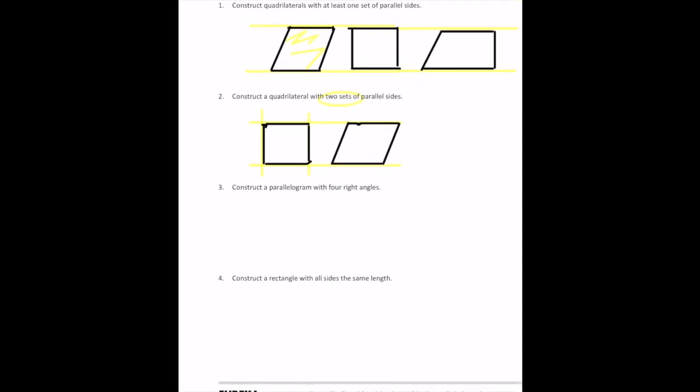Okay, number three, construct a parallelogram with four right angles. I think more or less we know what a parallelogram with 4 right angles could be, it might be something like this one. Right, we can have right angles shown right here.